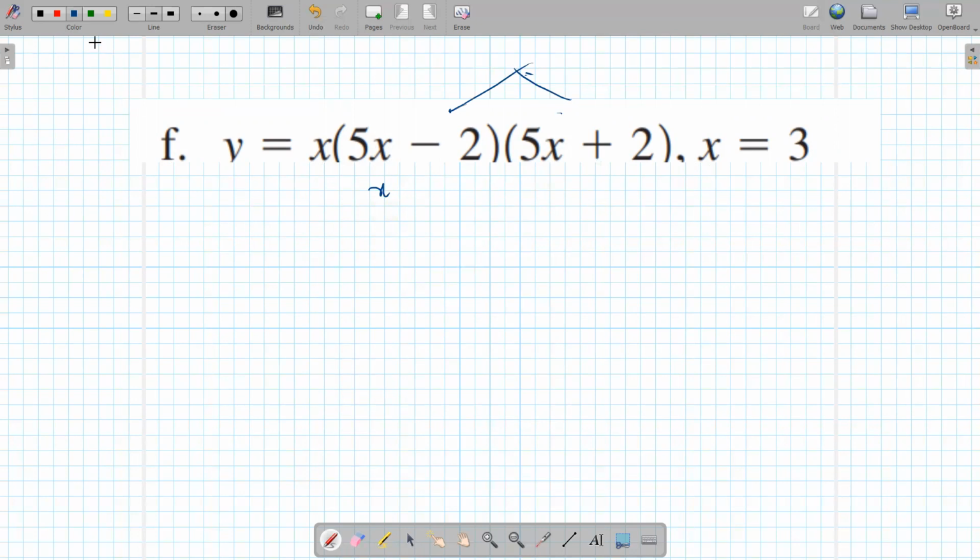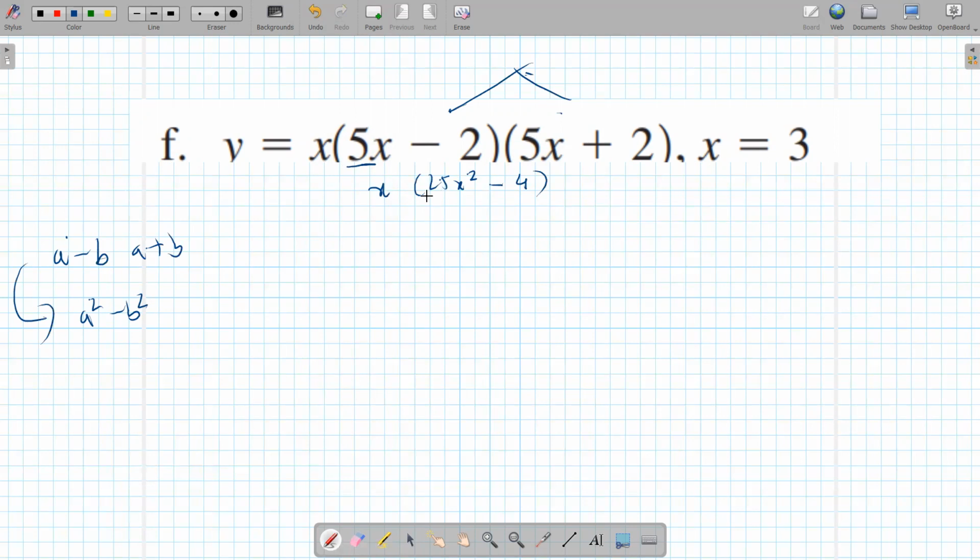What is the difference of squares formula? A minus b, a plus b becomes a squared minus b squared. Right? You remember this? So a is 5x, so we'll have a squared, which is 25x squared, minus 4, like that.